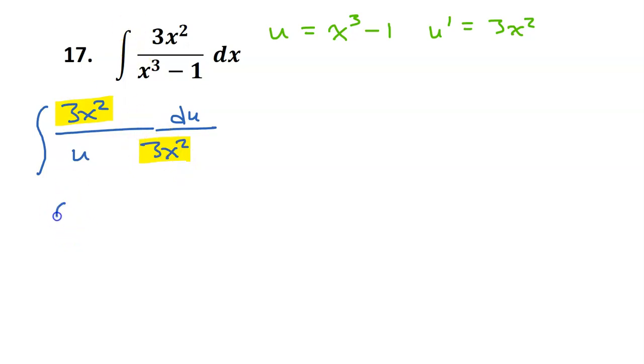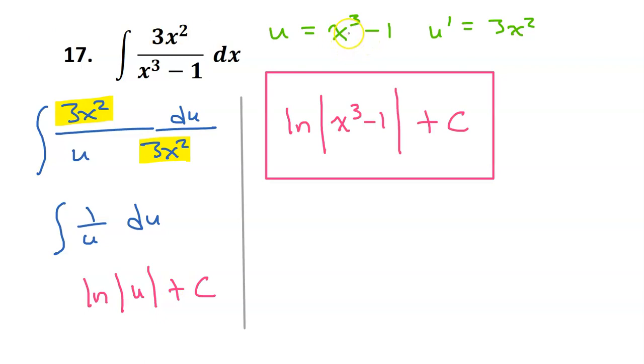And we are left with the integral of 1 over u du. And this is just the memorized rule. Natural log of the absolute value of u plus c. Putting x cubed minus 1 back in for u, we have the final answer.